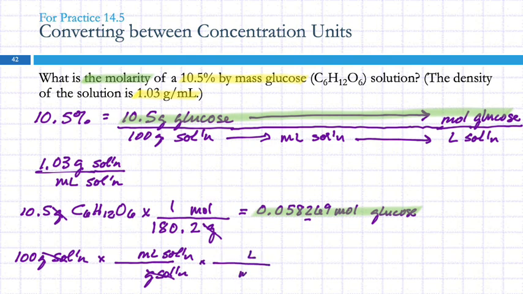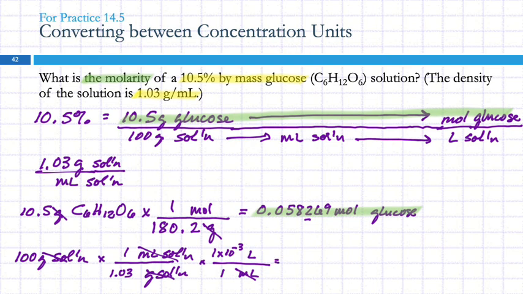Liters on the top and milliliters on the bottom. So our density, 1.03 goes with the gram, and so that goes on the bottom this time. Sometimes it's on the top, sometimes it's on the bottom. Here, millis in the denominator, but 1 milliliter is 1 times 10 to the minus 3 liters.